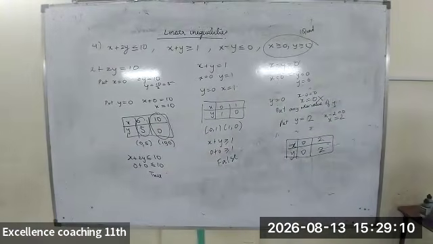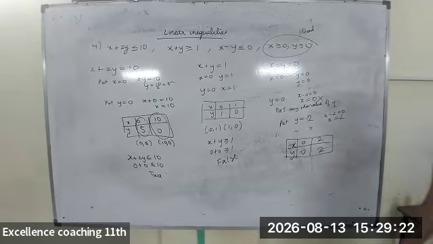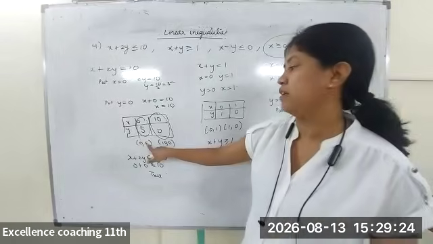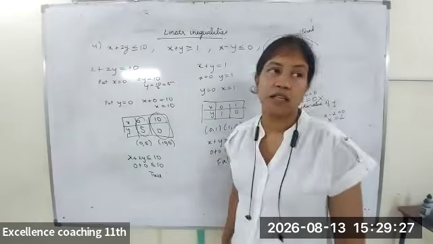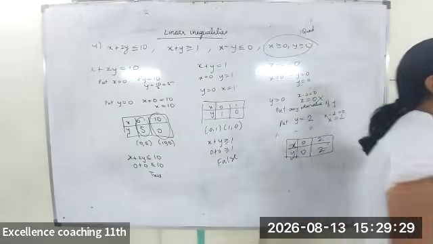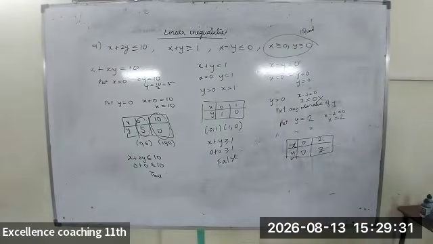You can plot till 10. 10 will be where? On the x-axis. Y-axis maximum is 5. Y is 5, your x is 10. On the x-axis, you can drop till 10, and on the y-axis till 5.